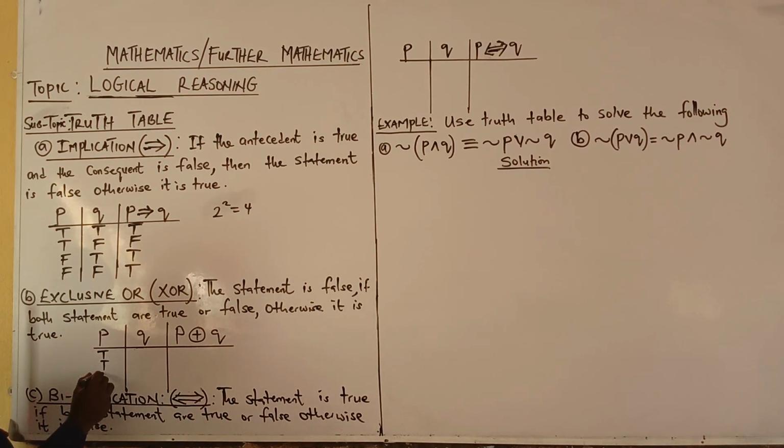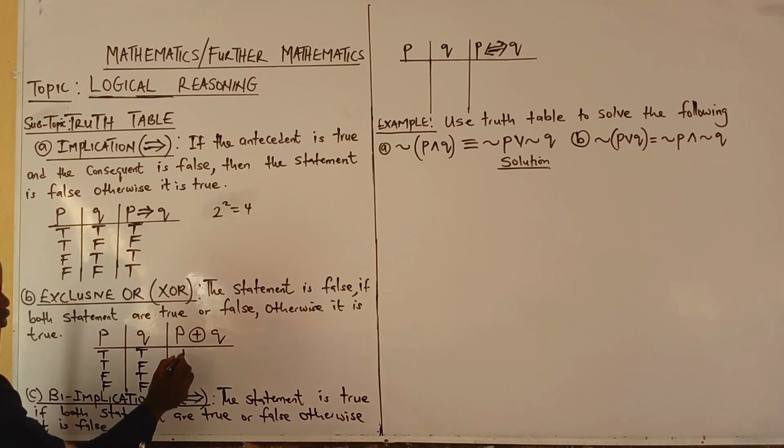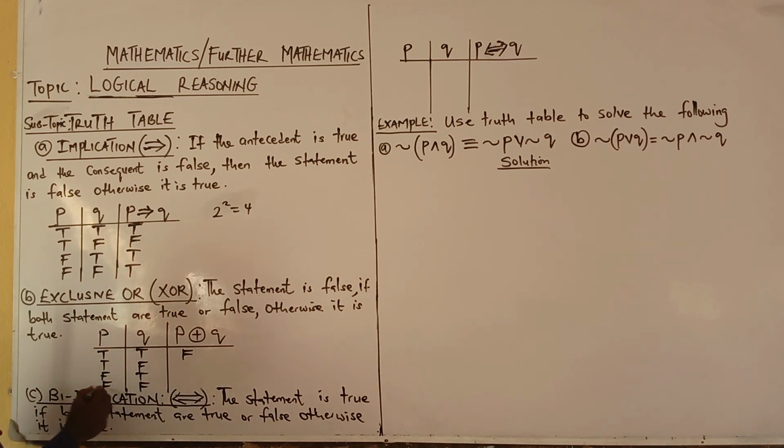True, true, false, false. True, false, true, false. If they are both true under exclusive OR, it is false. And if they are both false, it is false. Otherwise, it is true.